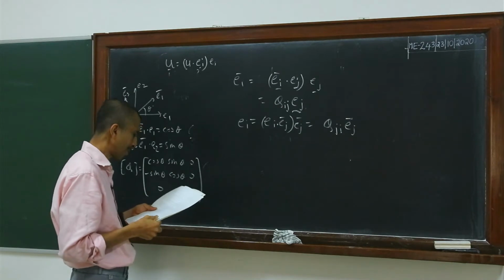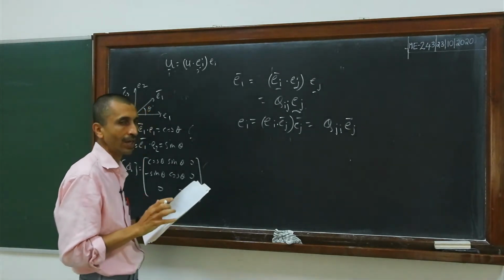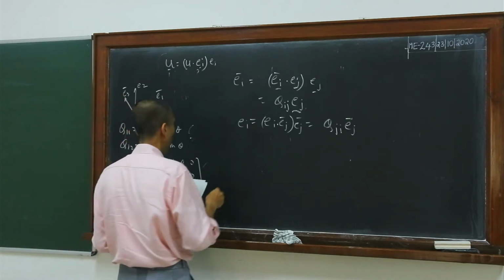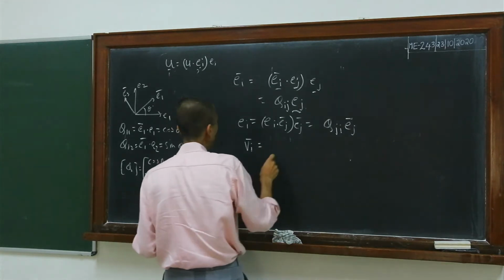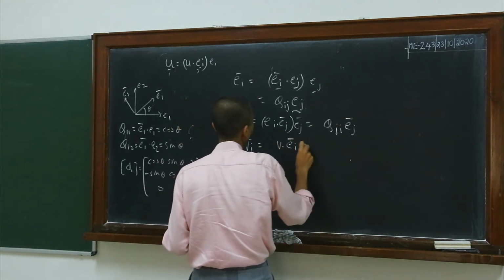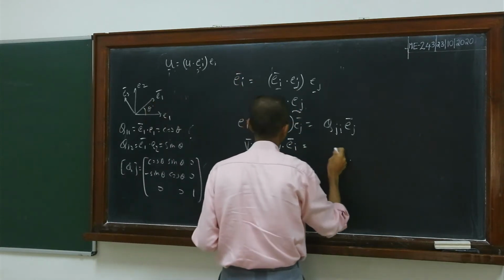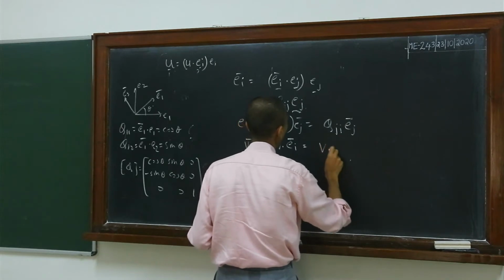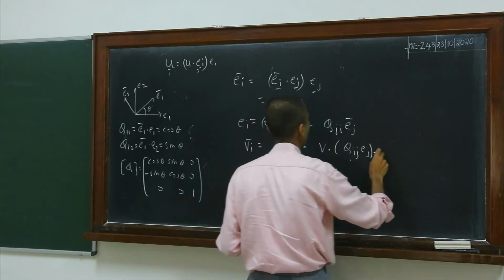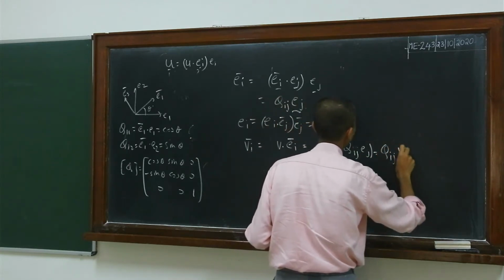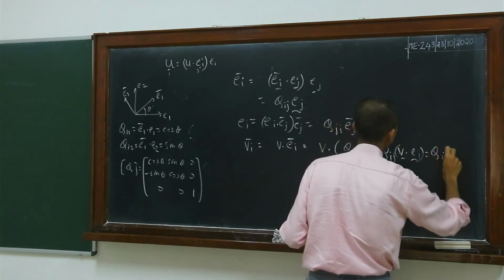Now we can write the transformation law for the components of a vector from one basis to another basis. So if I write now vi bar as equal to v dot Ei bar, and this Ei bar is equal to Qij times Ej, so you substitute that. So you will get v dot Qij times Ej, and this I can write as Qij v dot Ej, and this is equal to Qij vj.